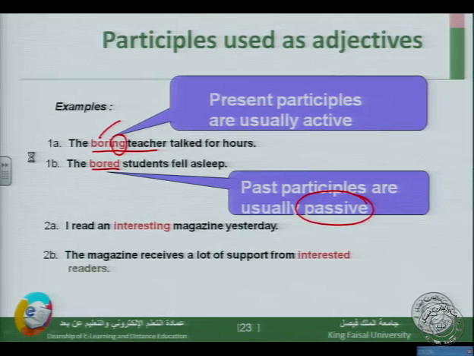Why is it passive? Because it receives the action of bore, while a teacher is the doer of the action bore. So this is actually the difference between the present participle and the past participle. With the present participle, the doer is active, while the past participle is usually passive.